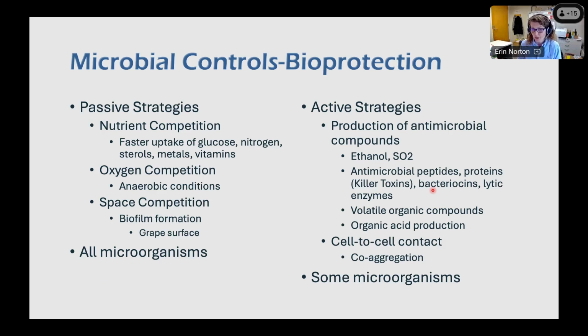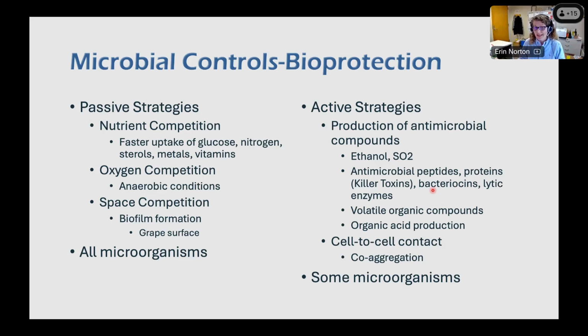There's a lot of antimicrobial peptides and proteins, which we call killer toxins, bacteriocins, and lytic enzymes that certain microorganisms will produce and secrete, meaning they push them out of their cells so that they can affect other microorganisms. And if you want to get into some of the resources that I mentioned I was looking at, some of the papers go into details of some of these.